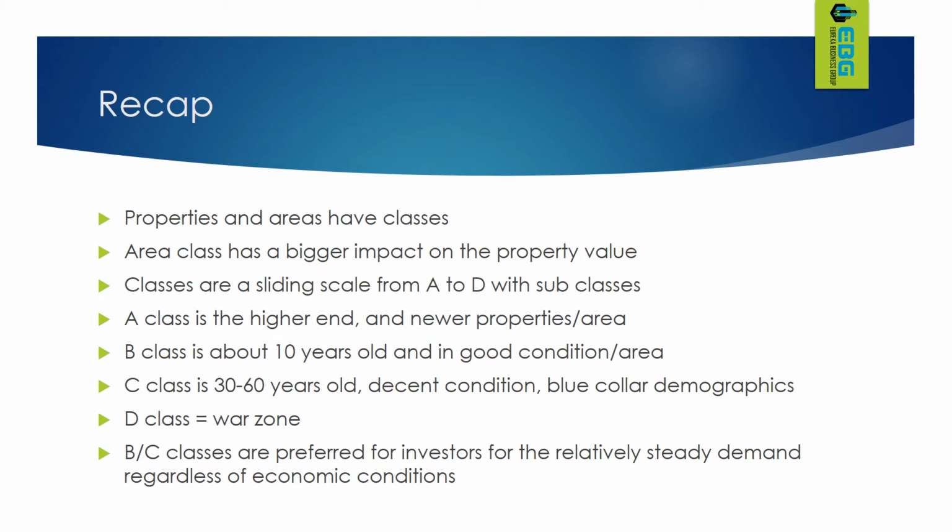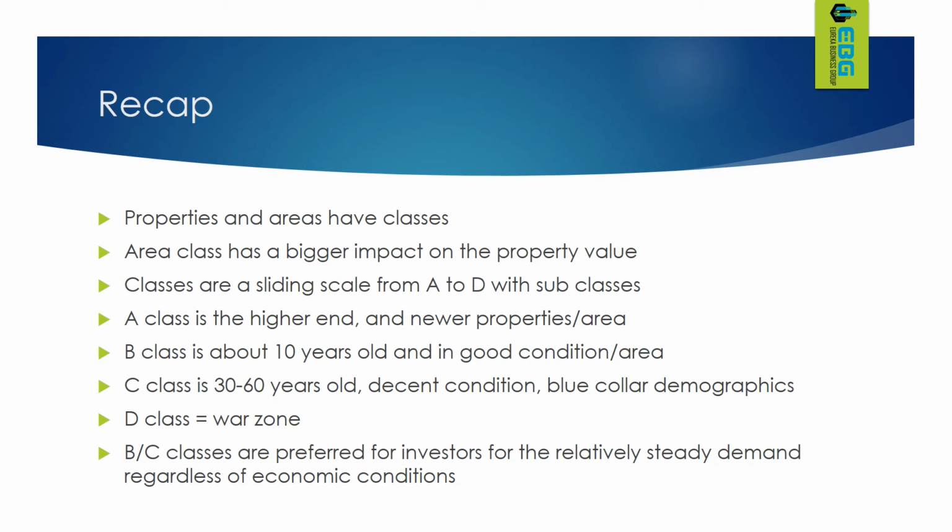So just a quick recap of what we talked about so far. The properties and the areas have their own classes. The area class is probably a more important thing you need to look at when you look at a multifamily investment. Classes are a sliding scale, anywhere between A and D, and everything in between. An A-class would be the higher end, the newer property or area.